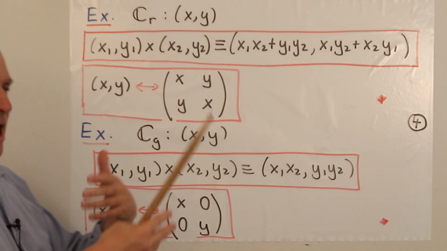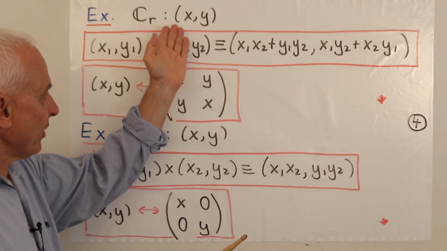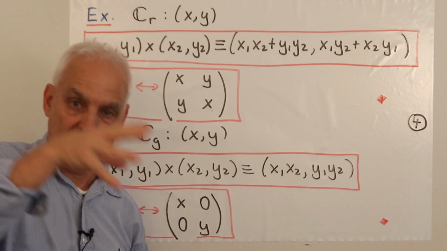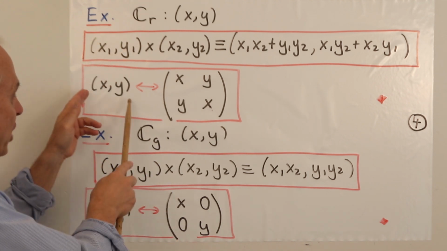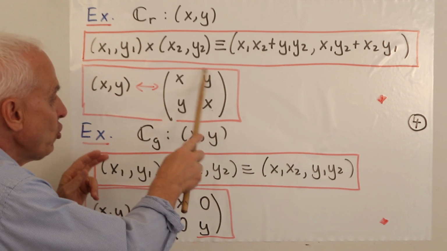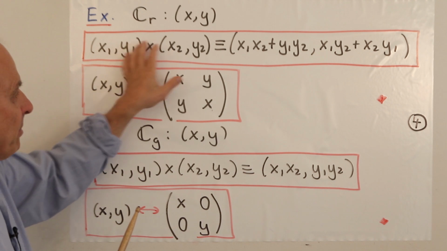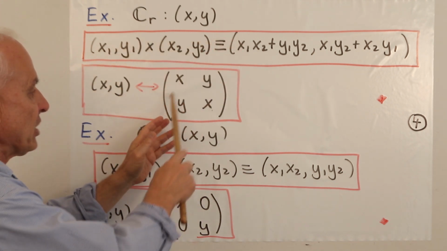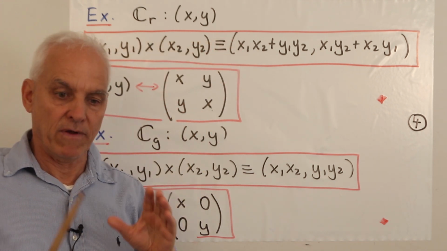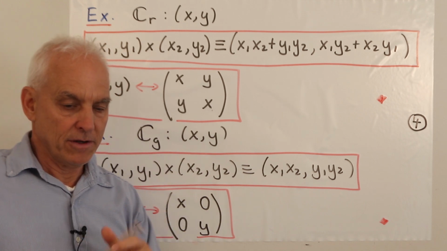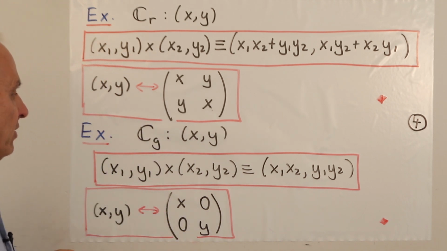And we can realize these red complex numbers by associating to the vector x, y the 2 by 2 matrix x, y; y, x. So the multiplication being recorded here is just a reflection of the matrix multiplication of those kinds of 2 by 2 matrices or dihedrons.